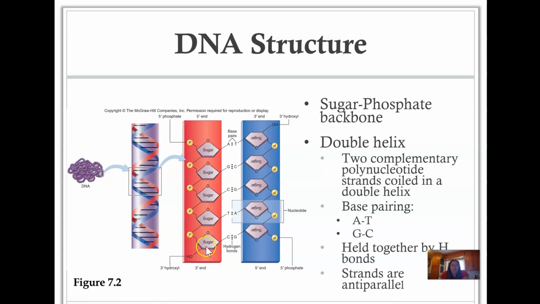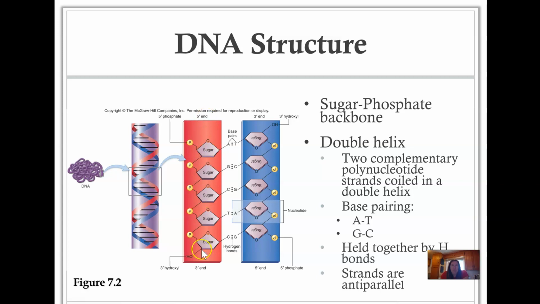If we look at our ribose sugar here, this carbon hanging out here is our third carbon. Remember carbon number 1, carbon number 2, and here's our third carbon that has that hydroxyl group hanging off the end of it. If we continue up this sugar phosphate backbone, we'll see that the other end will finish in a phosphate. A way to describe this phosphate is a 5' phosphate, because it's connected to the 5th carbon on our chain.